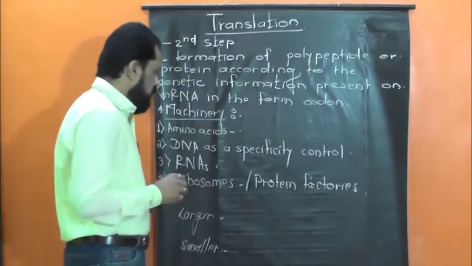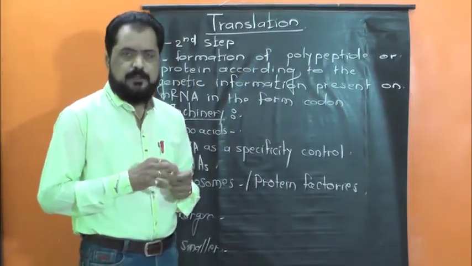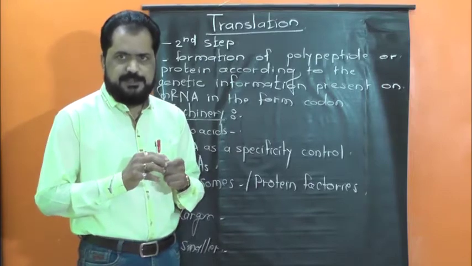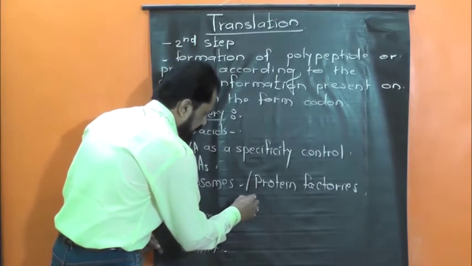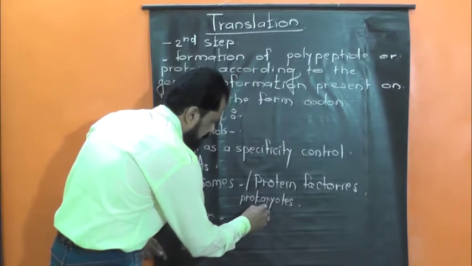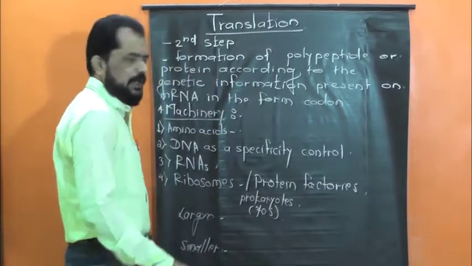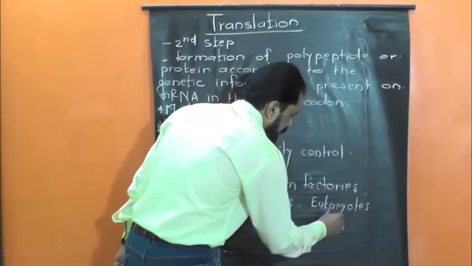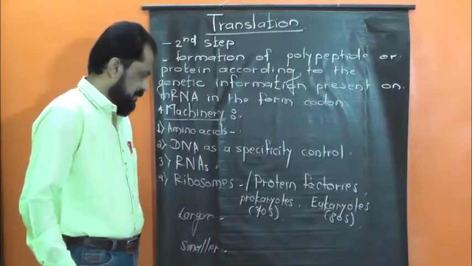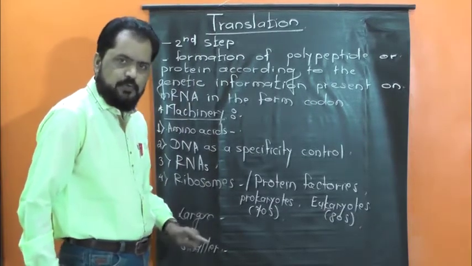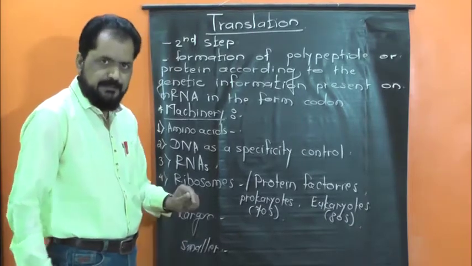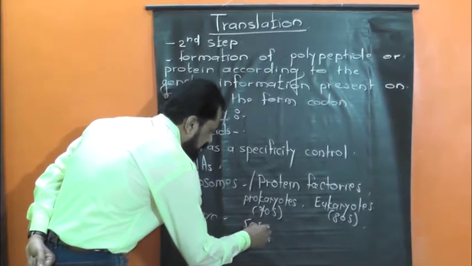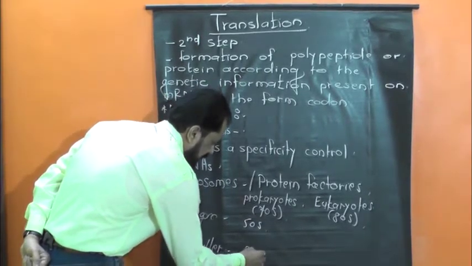Now, the ribosomes are again of two types. In prokaryotes, 70S, and in eukaryotes, 80S. In prokaryotes, the 70S ribosome has two subunits: the larger one 50S and the smaller one 30S.